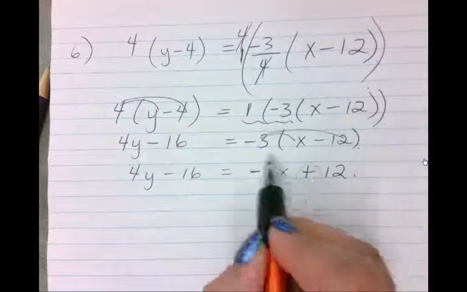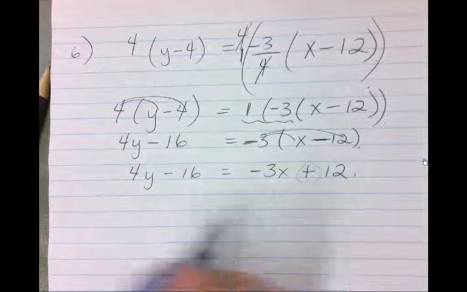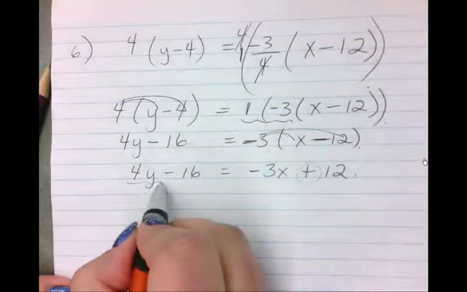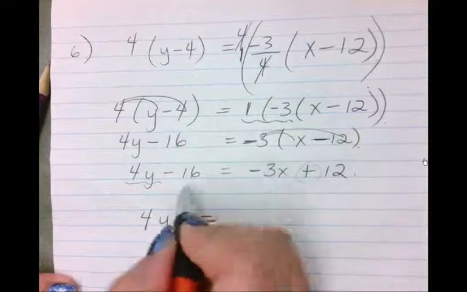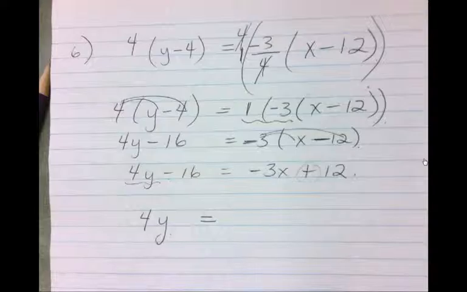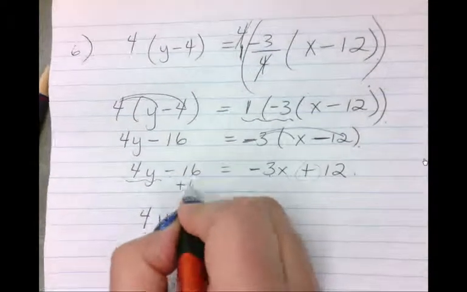Now this becomes a plus because I have a negative times a negative. And then all I'm going to do is simplify and make sure I've got my term with y isolated on this side. So I've got 4y equals, and in order to get this negative 16 over to the other side, I add 16 on both sides.